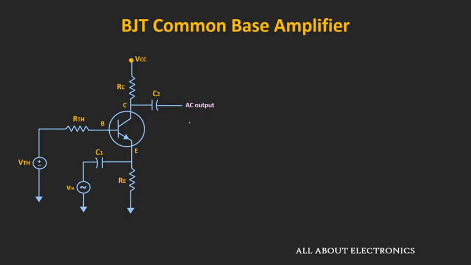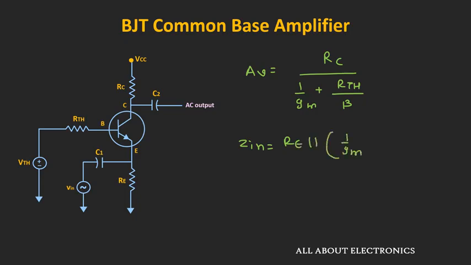That means now the voltage gain is equal to Rc divided by 1 over Gm plus Rth divided by beta. Similarly, the input impedance is the parallel combination of Re and the 1 over Gm plus Rth divided by beta, while the output impedance is equal to Rc.